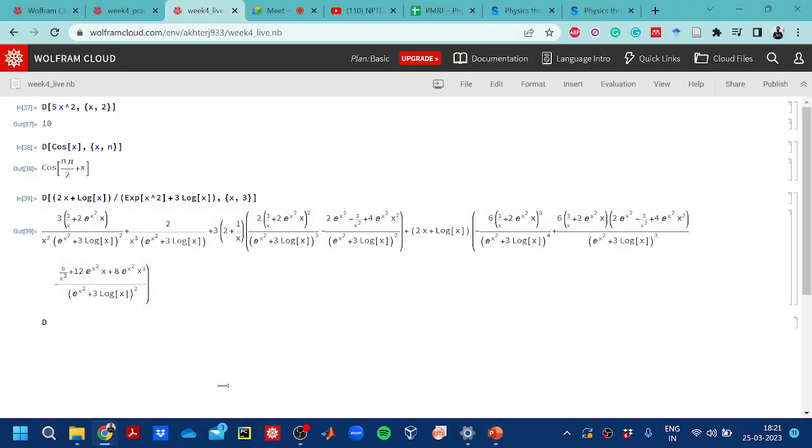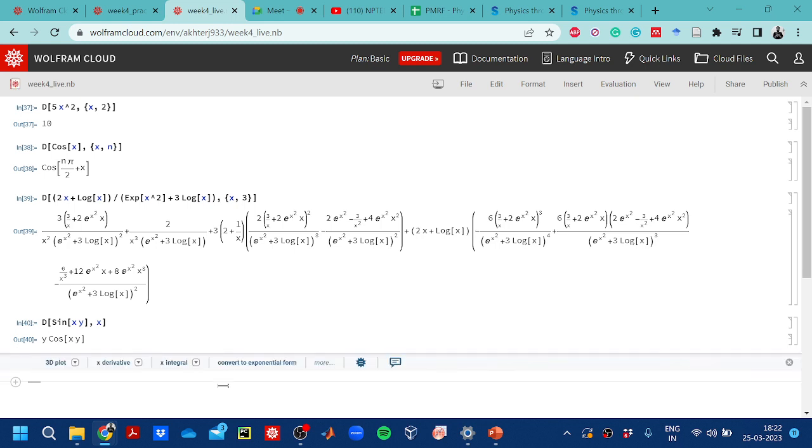So D of sine xy. This is our function, and we want to calculate its derivative. If we only write down x, then it will assume y as a constant or just a symbol. It will calculate its derivative with respect to x, and you can see that y is just a constant here.